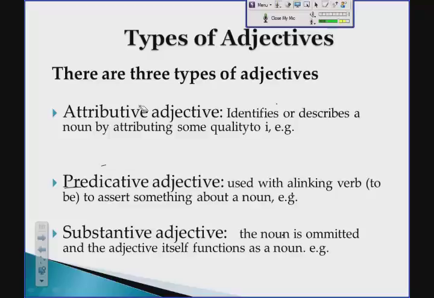So many examples in the Bible. The dead will rise. Dead is an adjective. A dead girl, a dead boy, a dead snake. Okay? Dead is an adjective itself.